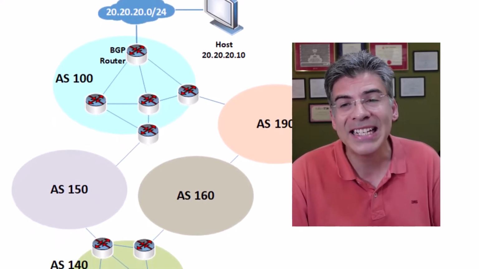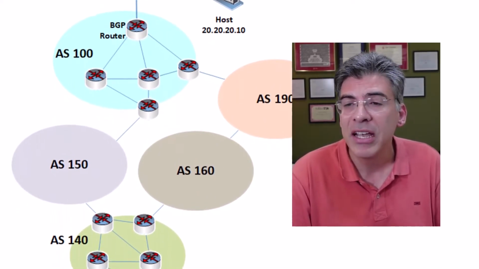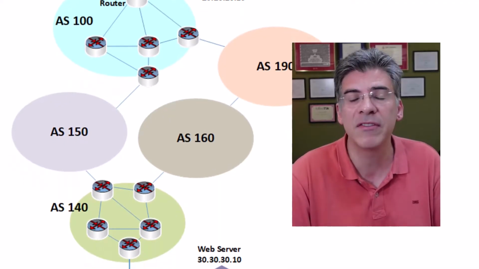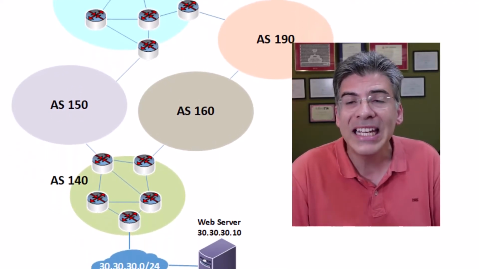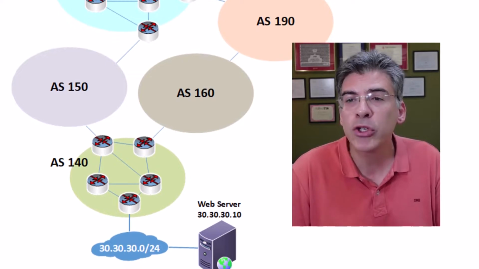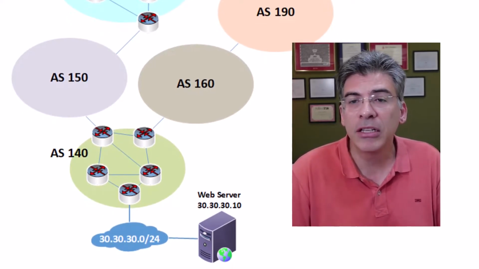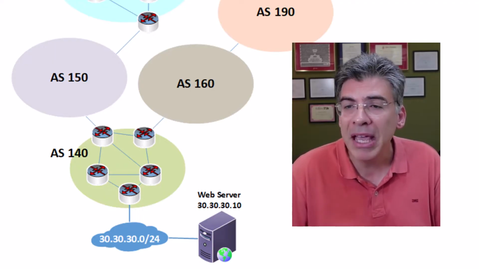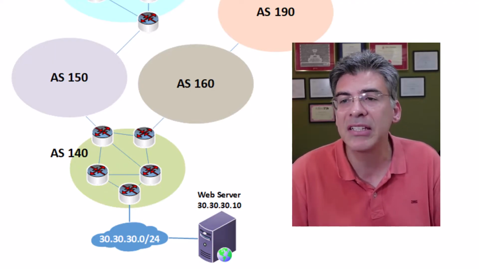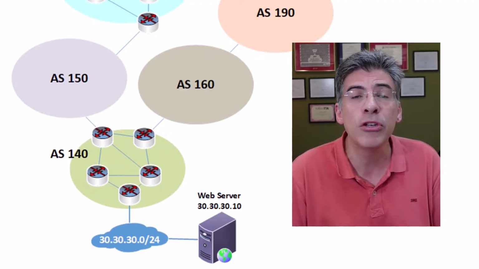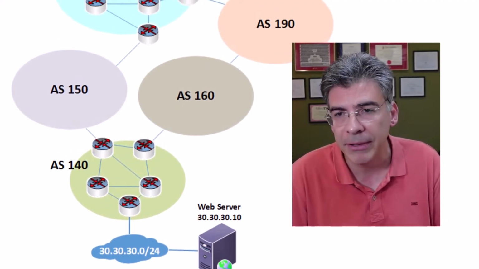Now, each AS contains tens, hundreds, and sometimes even thousands of BGP routers. And within each AS, we have the actual end devices that are served by the internet. That includes things like web servers, email servers, cloud services, and any other service that you may be using over the internet.